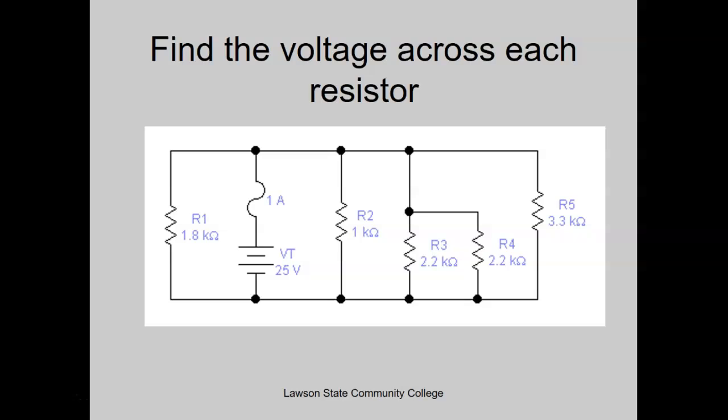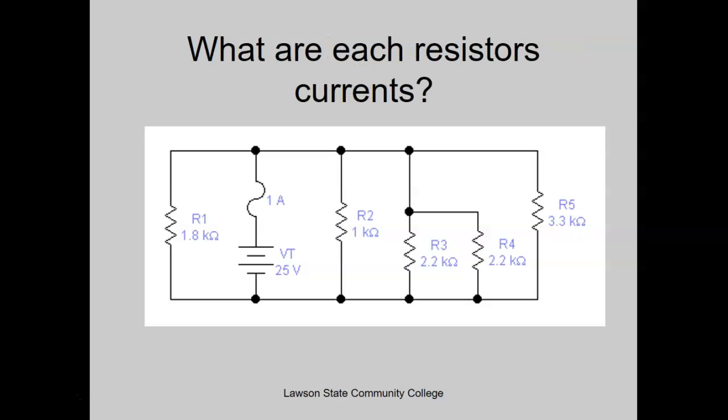Yep. We're about to find out. So what are each of the resistors' currents? So each resistor has 25 volts.